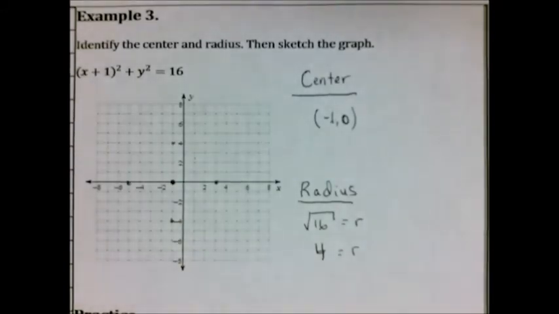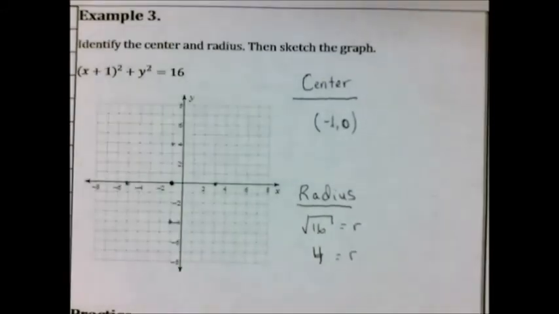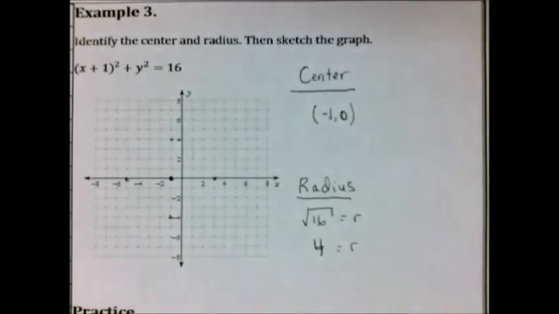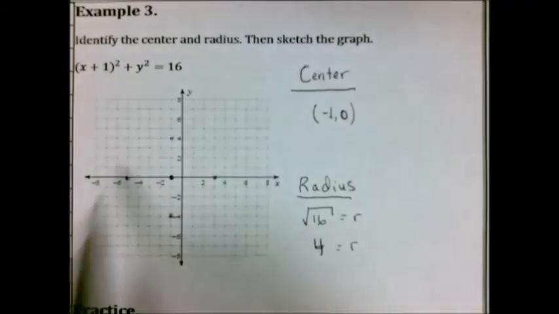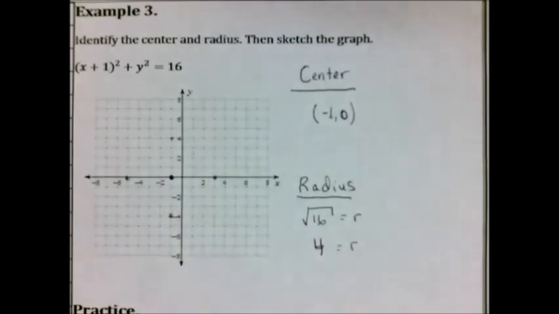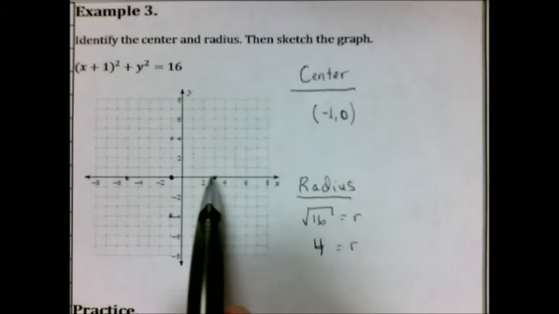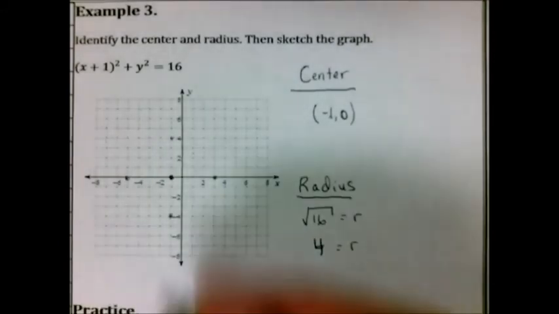So what we have to do now is to actually graph the circle. Now you can do this a couple of different ways. To be completely accurate, you should use a compass, but I'm not going to be too picky. If you have the 4 spots right here and at least these 4 spots are accurate, that's all I really care about.